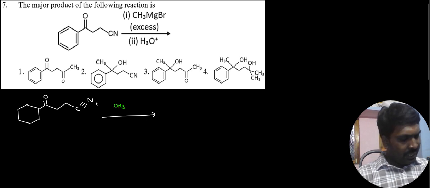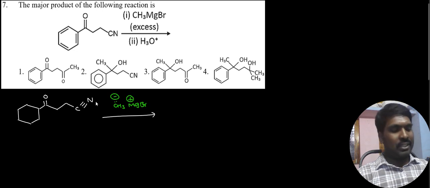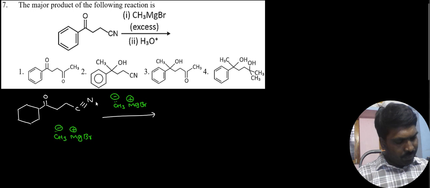Now CH3MgBr. In the Grignard reagent, the alkyl part has a negative charge and the rest of the part is positive. CH3 negative, rest of the part positive.